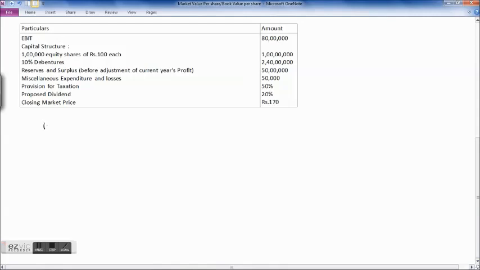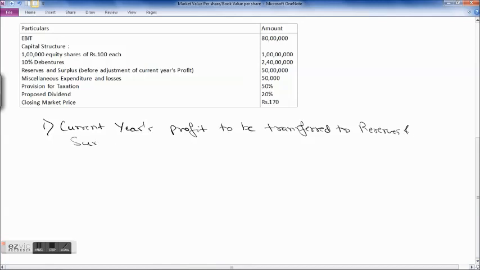Because the reserves and surplus balance of 50 lakhs given is before adjustment of current year's profit, we have to add the current year's profit to that. First we'll start with EBIT, that is earning before interest and tax, 80 lakhs.